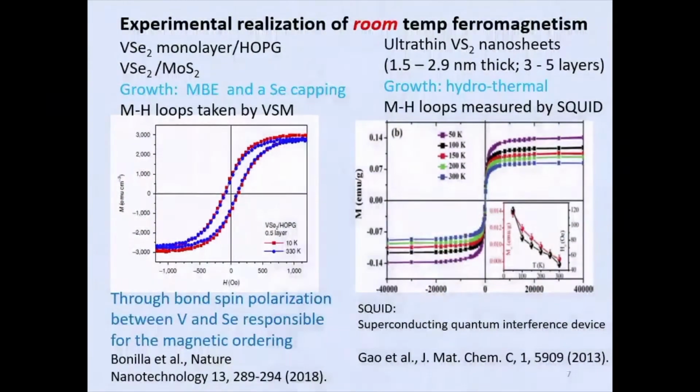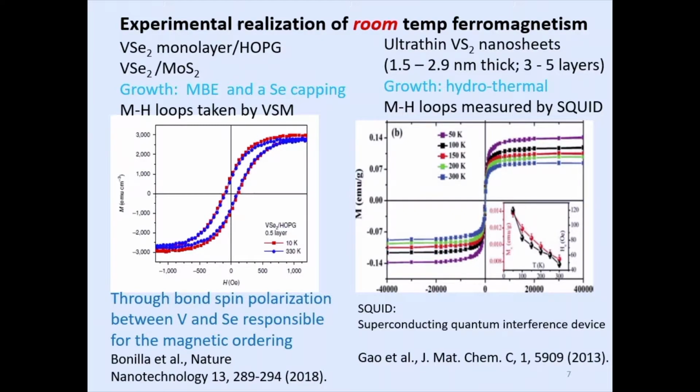They have a very nice hysteresis loop, both at room temperature and low temperature. Now, for this VS2, instead of using the MBE method, the hydrothermal method, which can give you nanosheets, not a monolayer, between say 1 to 3 nanometers, which is a few monolayers, they also observe a hysteresis loop. The coercivity is like 40 or 50 Oe at room temperature.